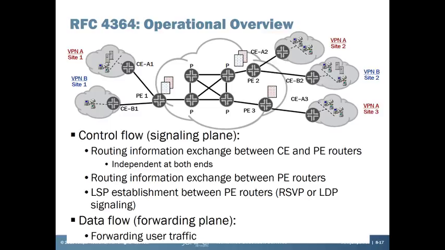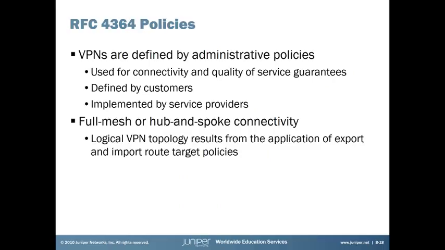And the data flow is then forwarded, the traffic is forwarded across the label switched paths. Okay, so VPNs identified by administrative policy. What does that mean? That means that the provider sets up the VPNs based on routing policies.